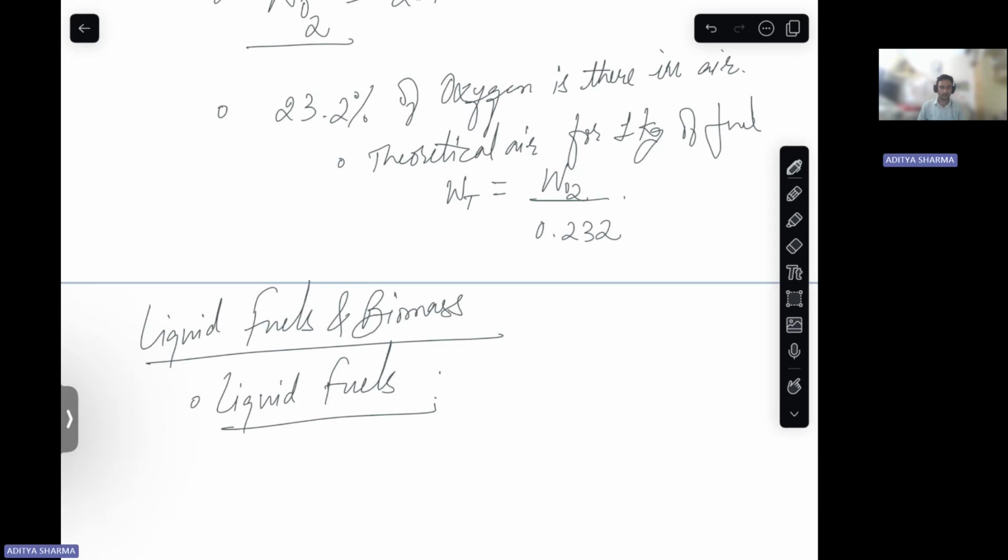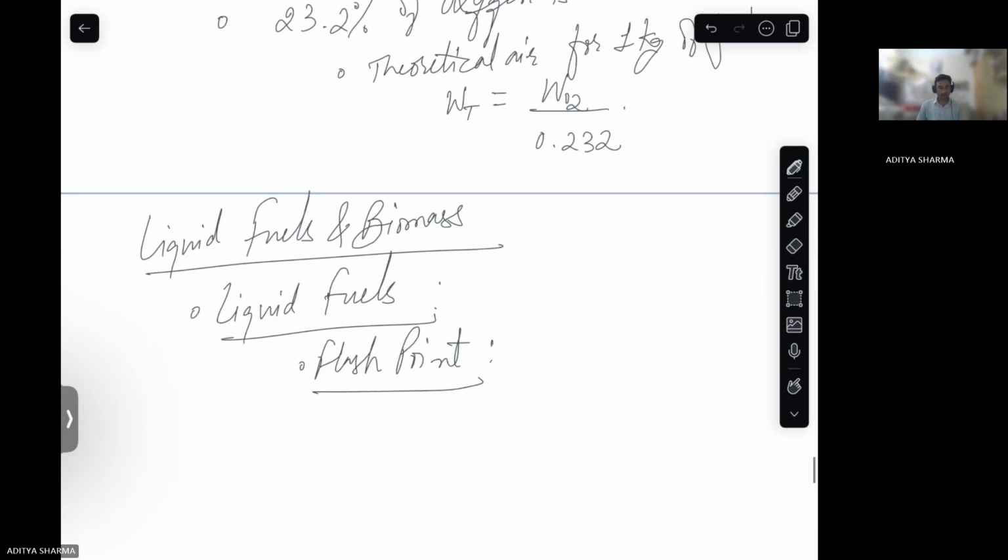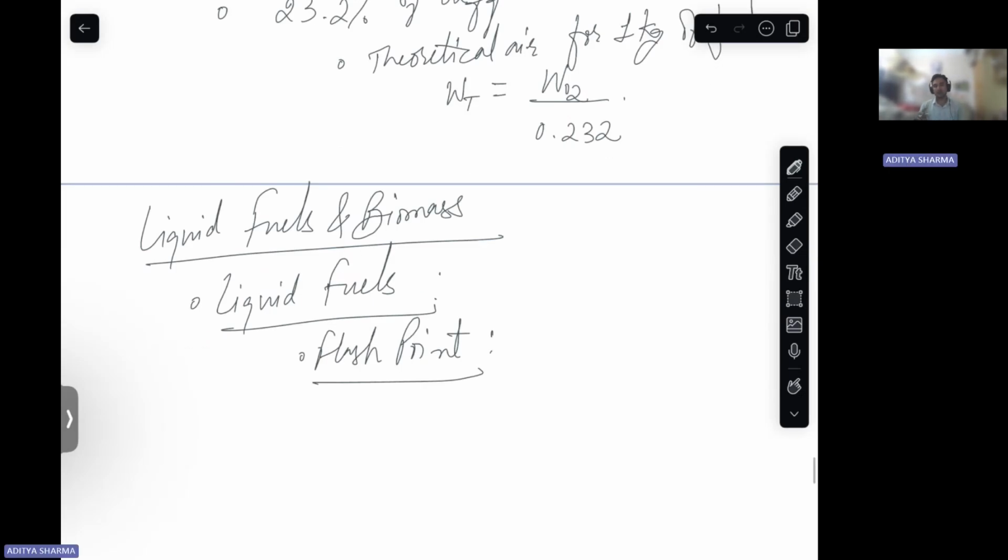Flash point is the temperature beyond which, if we keep on heating a liquid fuel and bring it close to a flame, your liquid fuel will catch fire, right? So that is basically the meaning of flash point.